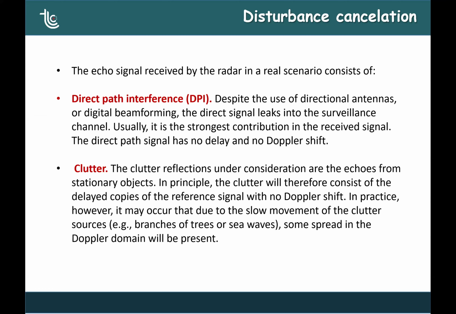Generally, in our signal processing algorithm that we are going to see, we consider that the clutter is either stationary, so practically the Doppler frequency is zero, or there is a little bit of broadening of the spectrum, but the bandwidth of the spectrum is much lower than the Doppler frequency of the target that we want to detect.